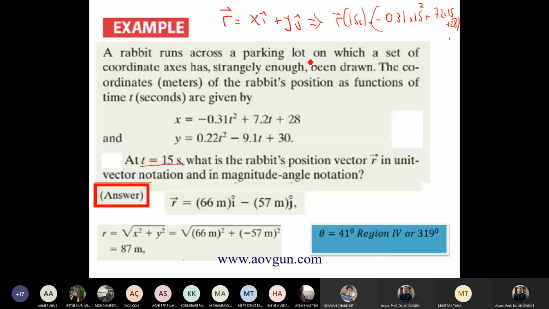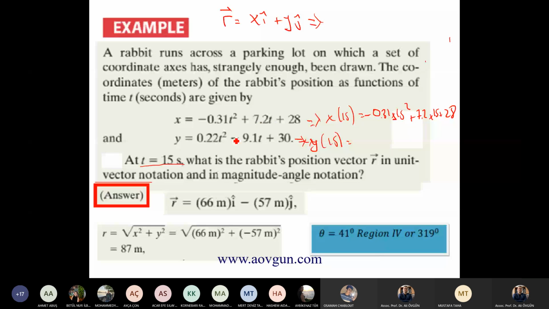This is for I hat, plus, and I will do it here also. If you want, let's do it here because there's no place. x equal to 15 and y equal to 15. Minus 0.31 times 15 square plus 7.2 times 15 plus 28.